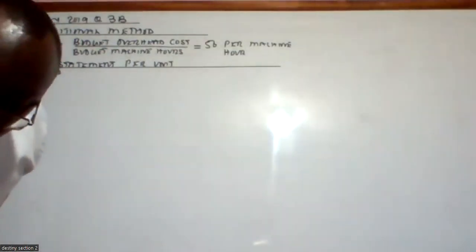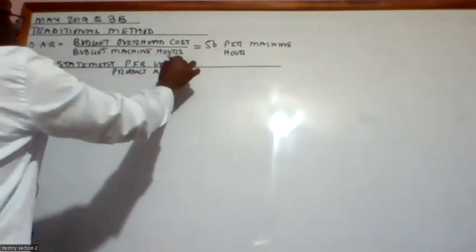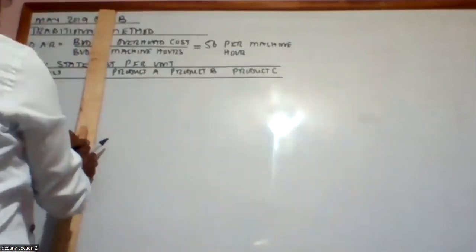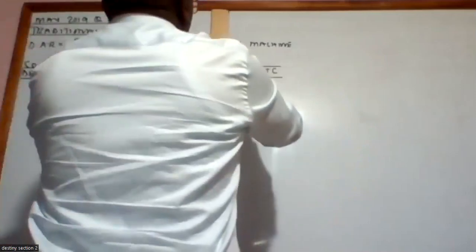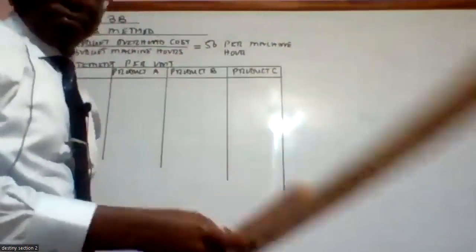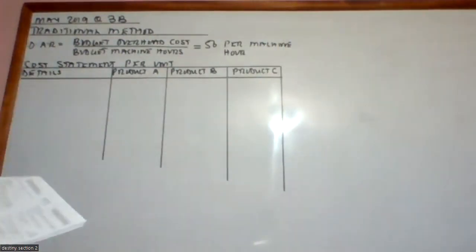So the first one is product A, product B, and product C.